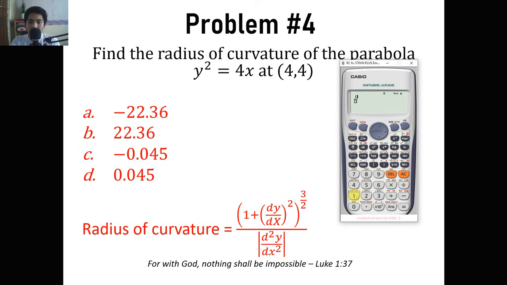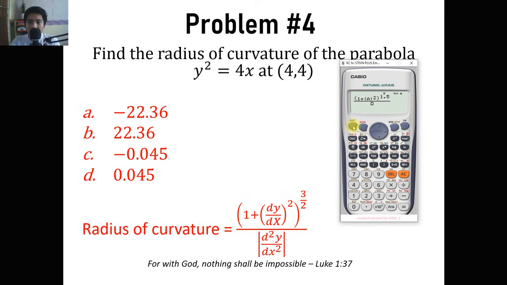So we have 1 plus, okay, the first derivative, dy all over dx, that is our alpha A. Okay? And then squared according to the formula. And then this whole expression is raised to 3 halves or 1.5. Okay? All over the absolute value, okay, of the second derivative.